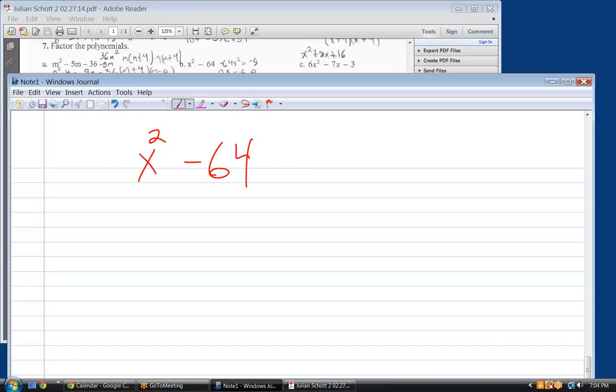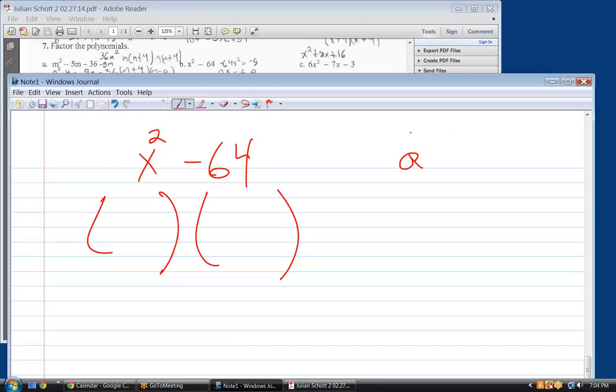This is a quadratic, but it's missing the x term. Doesn't matter. It still can be factored. In order to factor this, you have to recognize that it's called the difference of perfect squares.